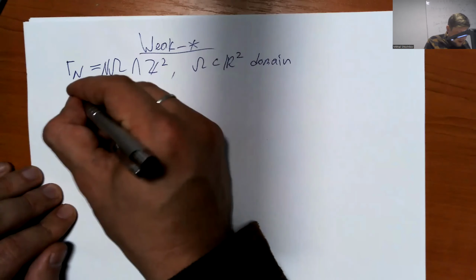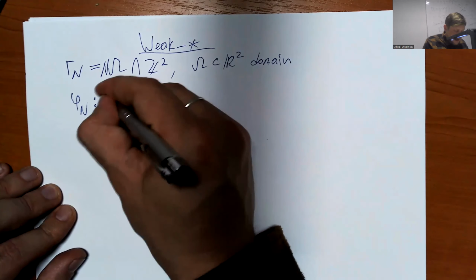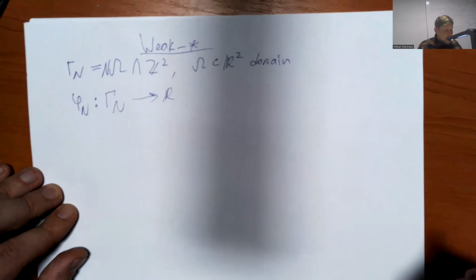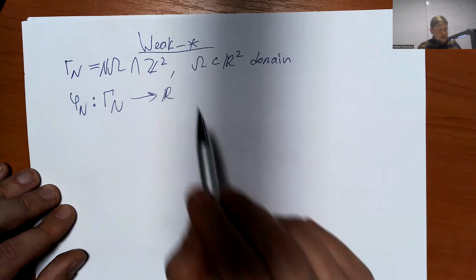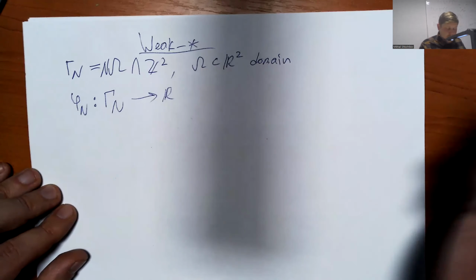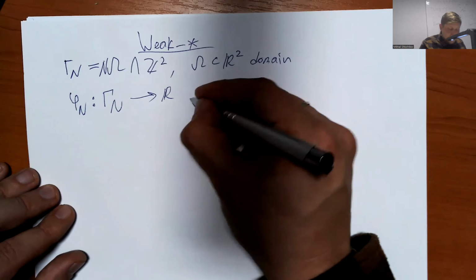Assume that we have some functions phi n from gamma n to R. To formally speak about convergence of phi n, we need to pull it back to omega, to an honest function, because now the definition is discrete.